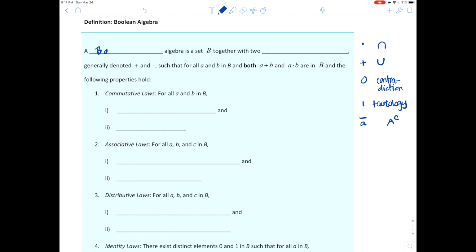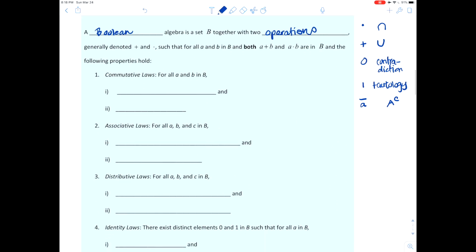A Boolean algebra is a set B together with two operations, generally denoted with the plus symbol and this dot like a times symbol, but it means intersection, such that for all A and B, both A or B and A and B are in B, and the following properties hold. Commutativity holds.